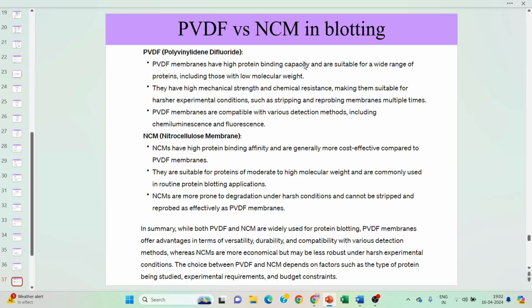NCM, however, have high protein binding affinity and generally are cheaper. Okay, they are suitable for proteins of moderate to high molecular weight and are commonly used in routine protein blotting applications. NCM are more prone to degradation under harsh conditions and therefore cannot be stripped. So, PVDF membranes offer advantages in terms of versatility, durability, and compatibility with various detection methods.